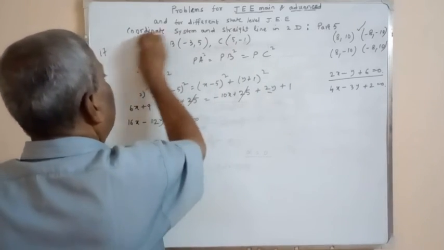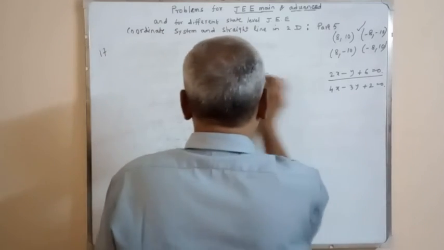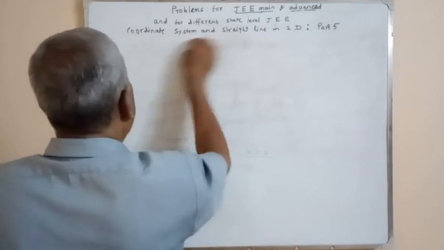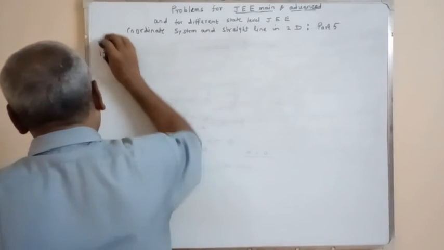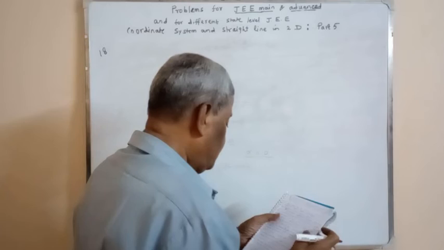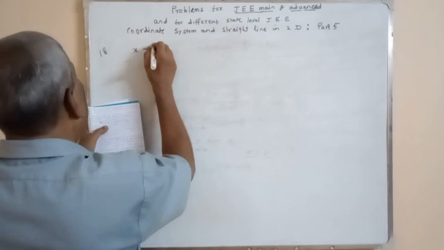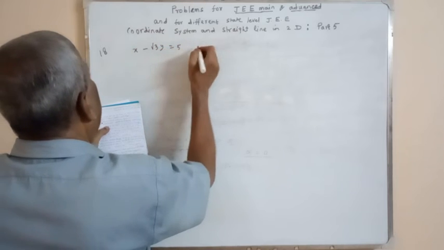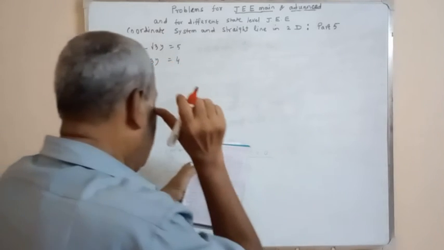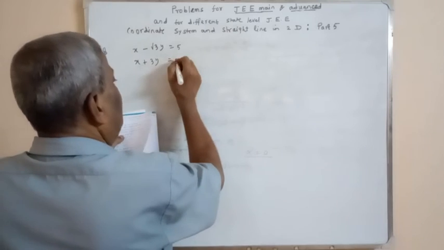Next, it is problem number 18. The angle between the straight lines x minus root 3 y is equal to 5 and x plus 3y is equal to 4 is the angle between root 3x plus y is equal to, in fact, it is 7.